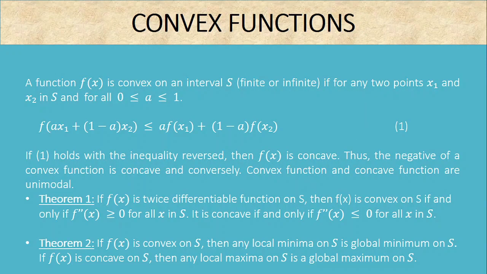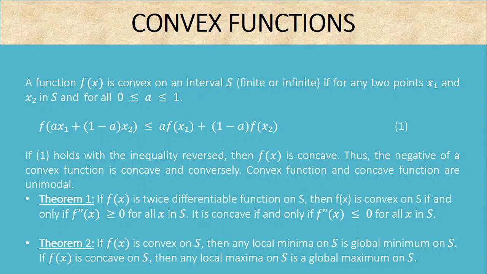A function f(x) is convex on an interval S, which may be finite or infinite, if for any 2 points x1 and x2 in S, and for all a lying between 0 and 1, f(a x1 + (1 - a) x2) is less than or equal to a f(x1) + (1 - a) f(x2).